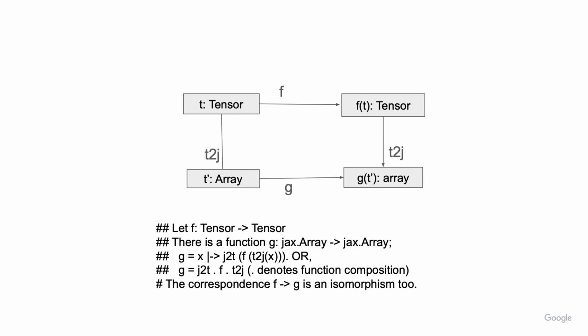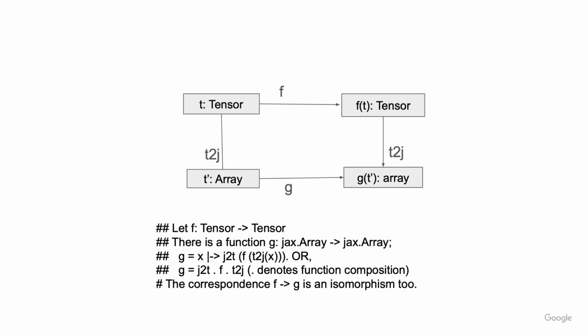And it turns out if you have an isomorphism of spaces, you have an isomorphism of functions. So given any function that takes a torch tensor as input and returns a torch tensor as output, we can construct this function g by doing this composition, t to j, dot f, dot t to j: basically unwrapping the torch tensors to get the JAX arrays, calling the JAX function, and rewrapping again.